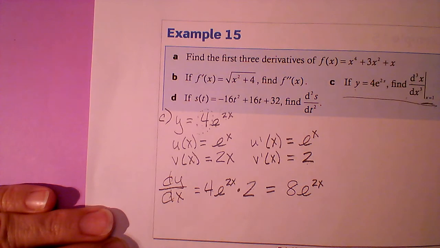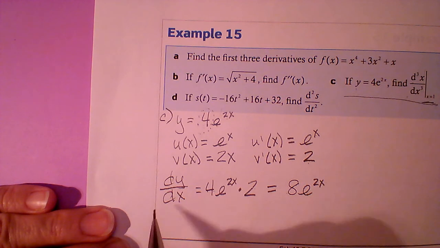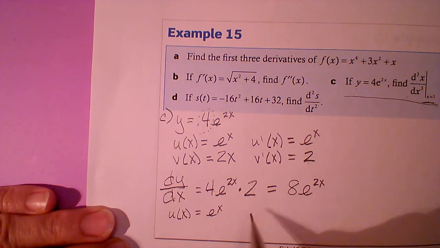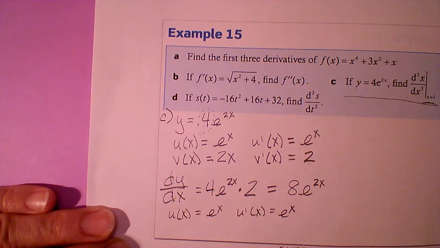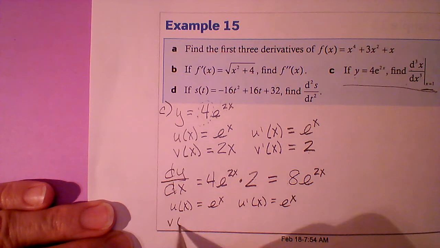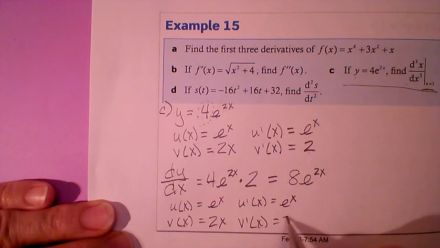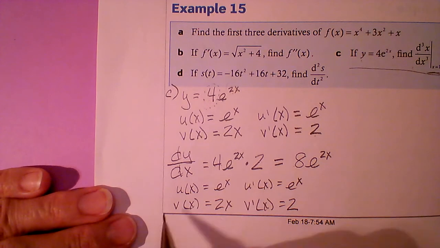All right. Now I need to take the second derivative of 8e to the 2x. So we're going to start here again. Our u function is e to the x. So our u prime, again, is e to the x. Our v function here is, again, what's in the exponent? 2x. V prime, again, is 2. So now I can use these to take my second derivative.